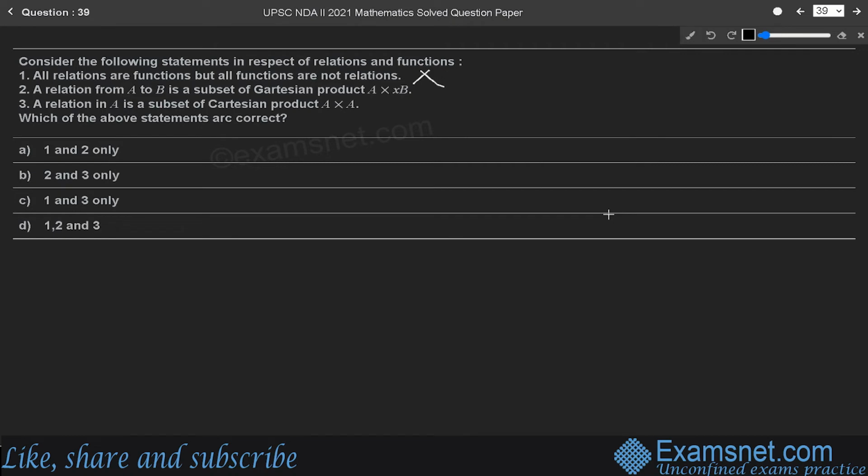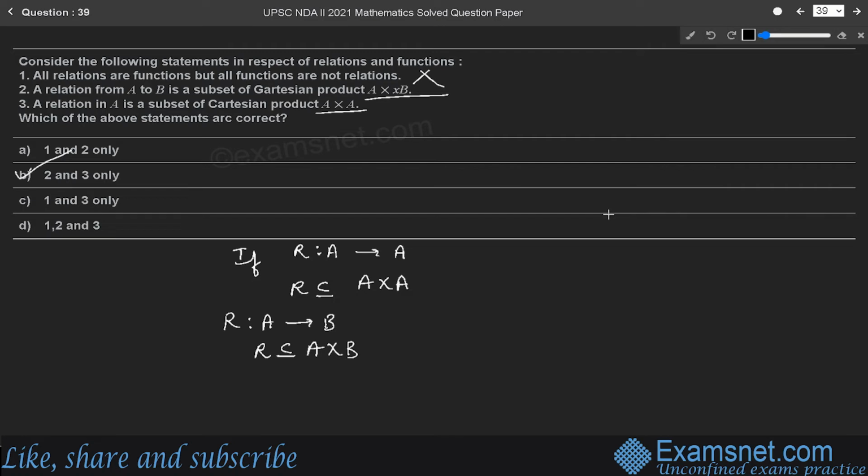Now if R is from A to A, then R should be a subset of A cross A. And similarly, if R is from A to B, then it should be a subset of A cross B. Hence, we can say that the second and third statements are correct, because they give A cross A and A cross B. So the Cartesian product will contain the relation. So the correct option here will be option B, which is 2 and 3 only.